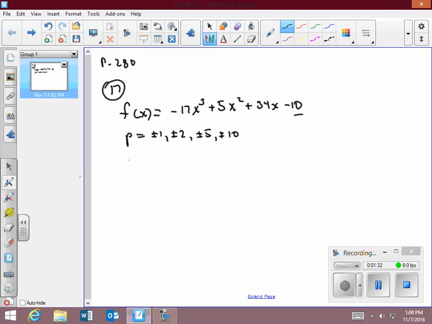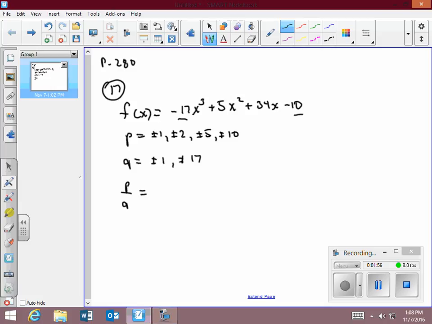And then the q's are going to be factors of that leading term, right? The 17. Well, the only ones there are is plus or minus 1 or plus or minus 17, right? Now, the p over q.